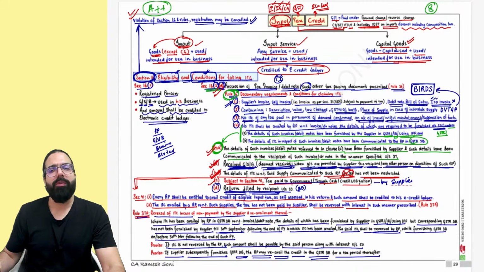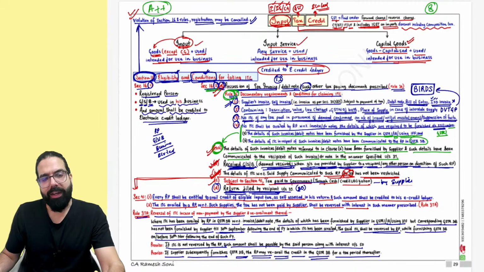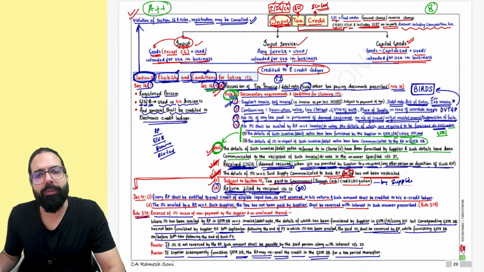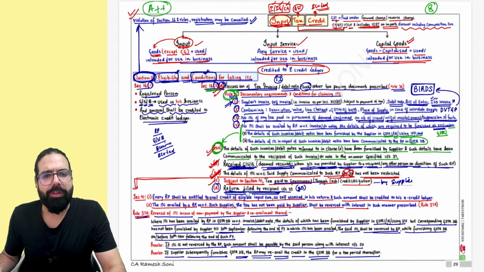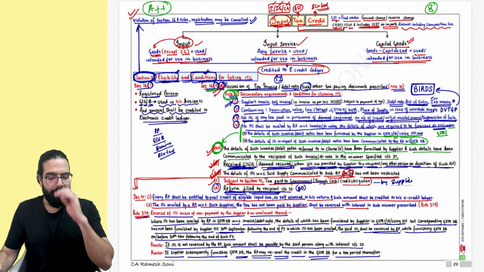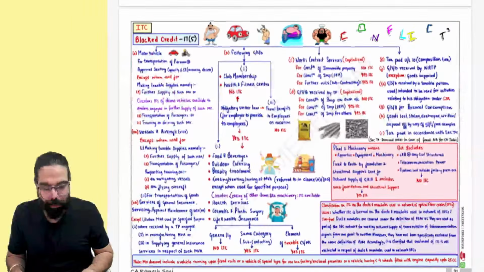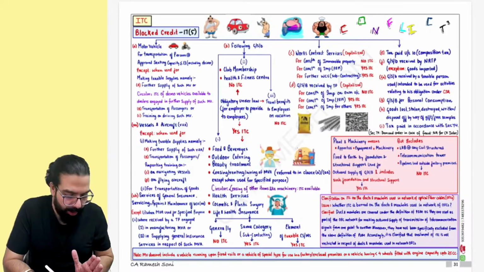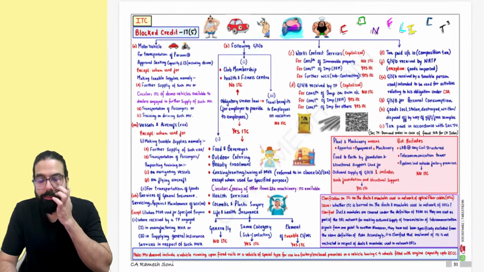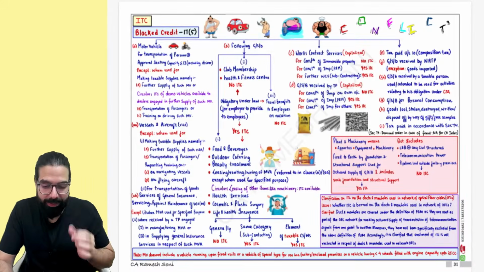Now, the next section which is there is section 17. We are done with section 16 over here. People, listen carefully now. Everyone over here now. Tell me one thing. Now, section 17, listen. From here on, it is the same.